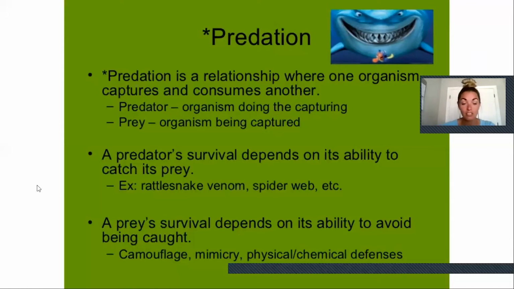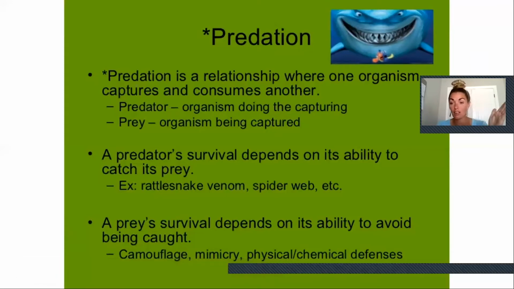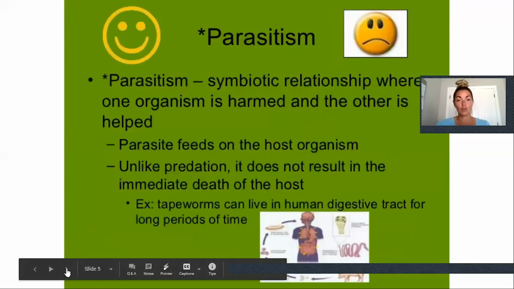All right, so make a little note on predation, what that reminds you of. Maybe it's the shark. So predation is our 2 words put together, a predator and a prey. The predator needs prey, the prey needs to be able to protect itself from that predator. All right, let's go on.